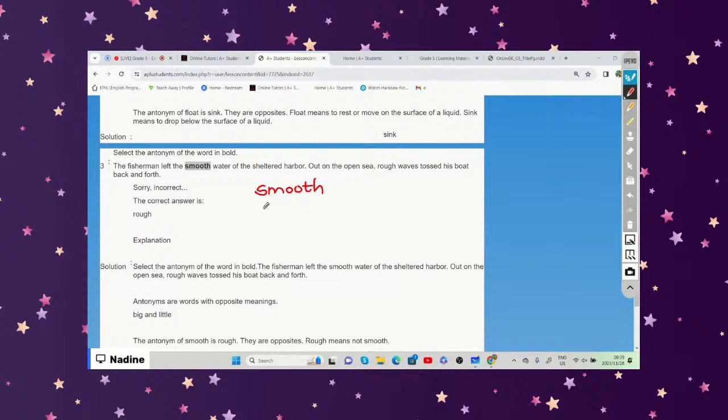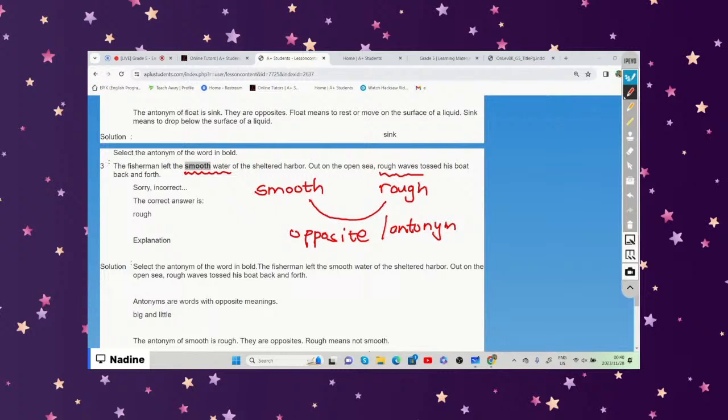So the fisherman left the smooth water of the sheltered harbor. Out on the open seas, rough waves tossed his boat back and forth, which means that the opposite, or we can say the antonym, of smooth is rough, or the antonym of rough is smooth, because smooth is like a calming, right?